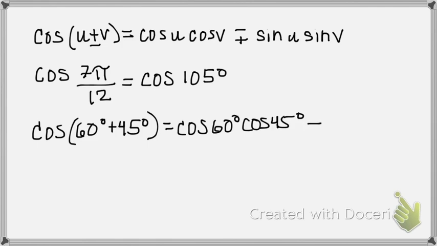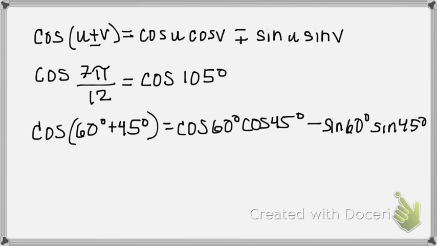Opposite sign, remember. If I have addition, this sign's going to be subtraction, as we can see in the formula. And that'll be the sine of 60 degrees and the sine of 45 degrees.